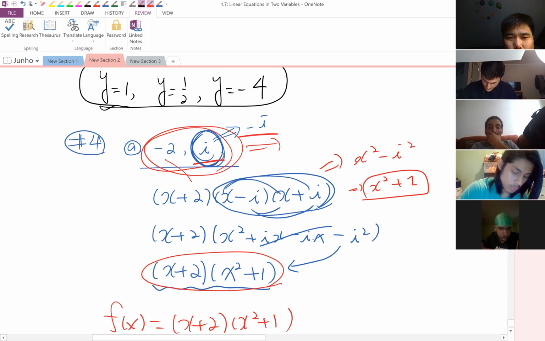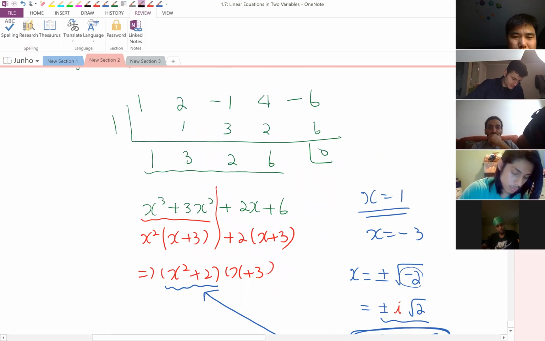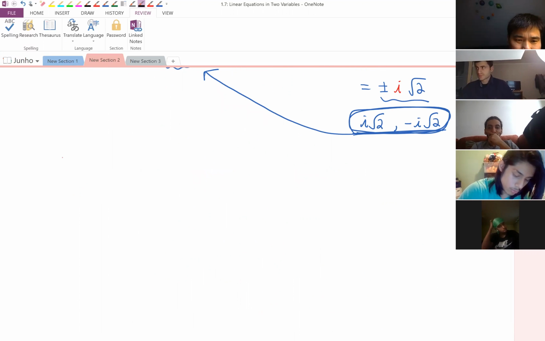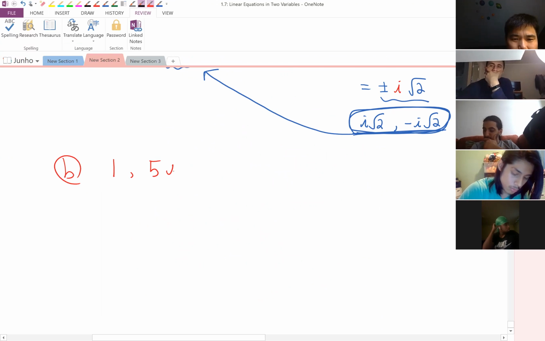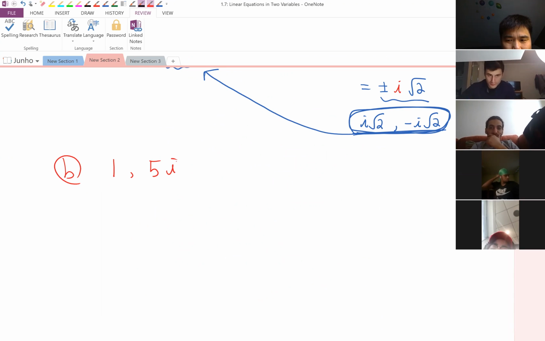Therefore, when we write, even though these two are given, you have to think negative i as well. Just one example here: if we do B together, we have 1 and then 5i, right? Do you see i here? Yes.